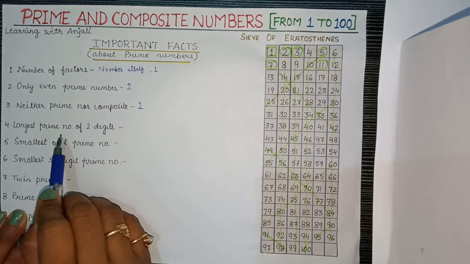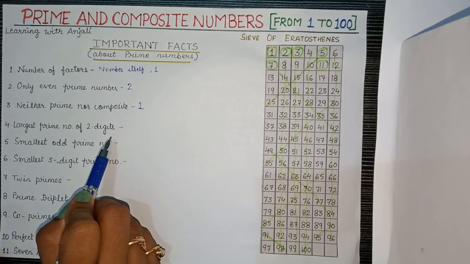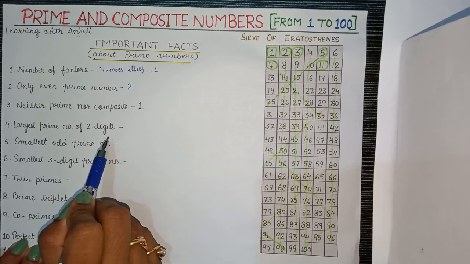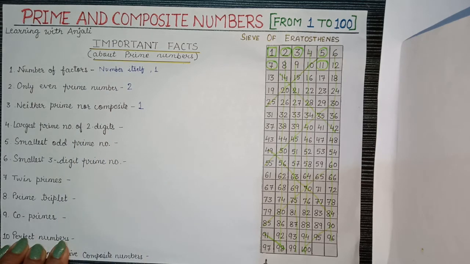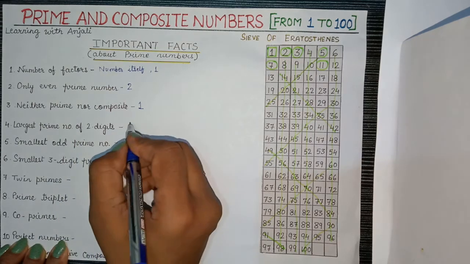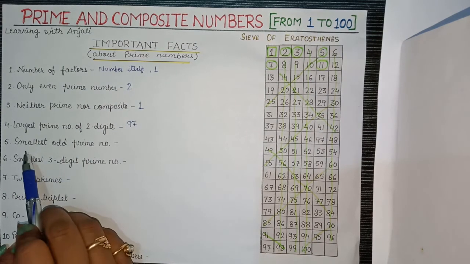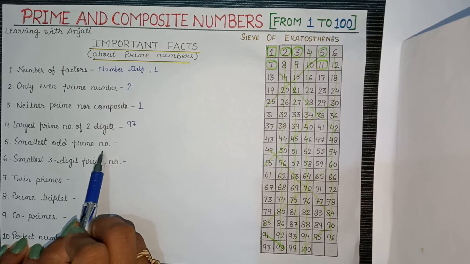Large prime number of 2 digits. Large prime number of 2 digits will be 97. See here, 97. Smallest odd prime number.